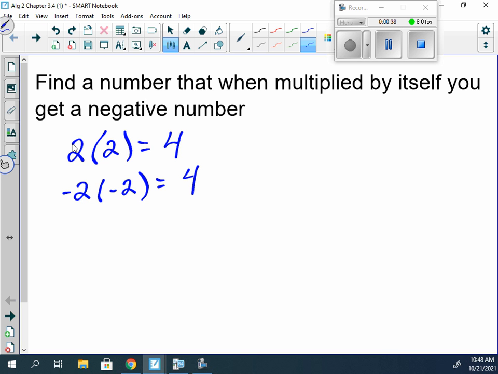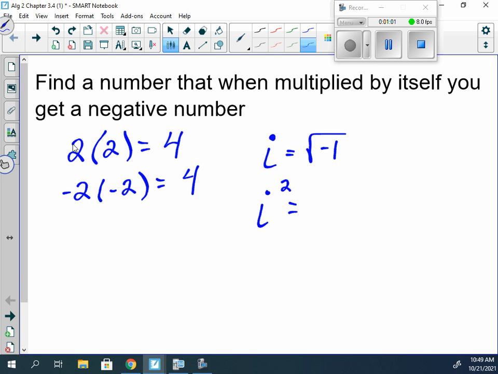So what we're going to do is imagine a number, i, as negative 1. And really, i is the square root of negative 1. i is our imaginary number. When multiplied by itself, i squared is negative 1.